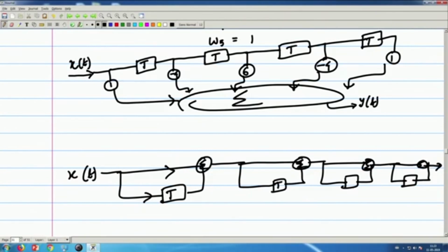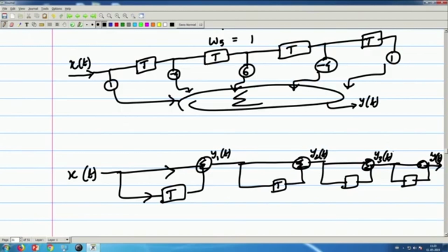So, this output is y(t). So, 4 cascaded single DLCs. If I call this y1(t), this one y2(t), this is y3(t), final one is y(t).